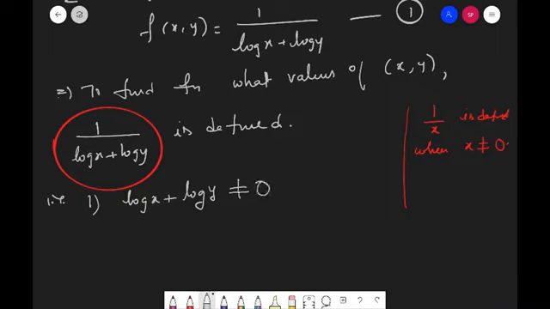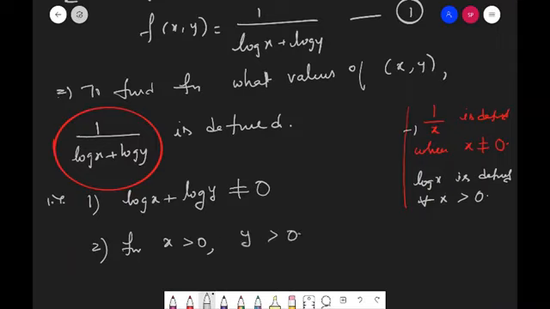And again, here logarithmic functions are there. So the second point is log x is defined for all x greater than 0, and log y is defined for y greater than 0.